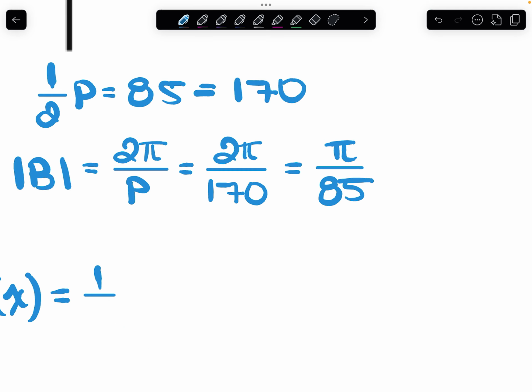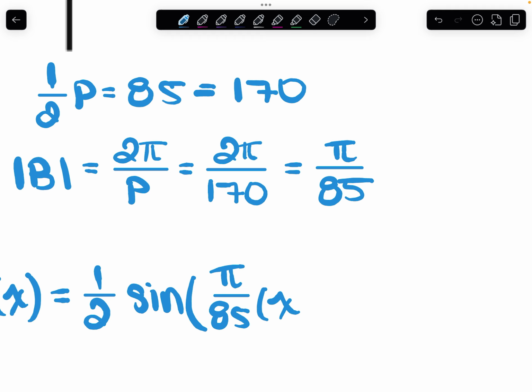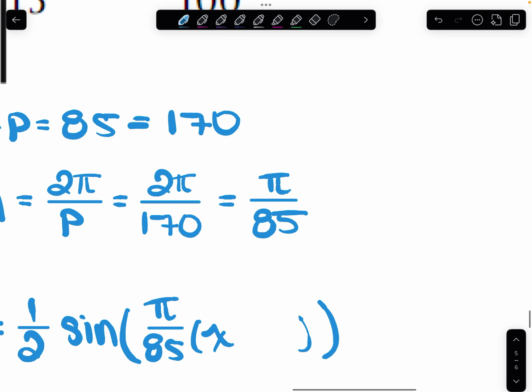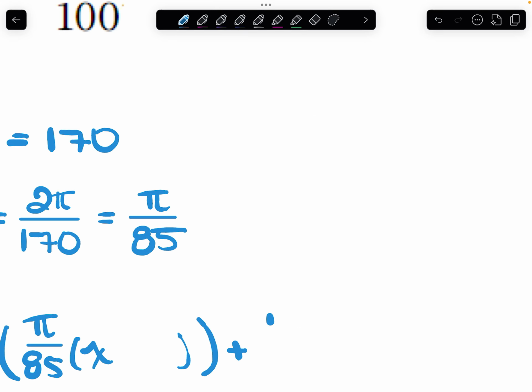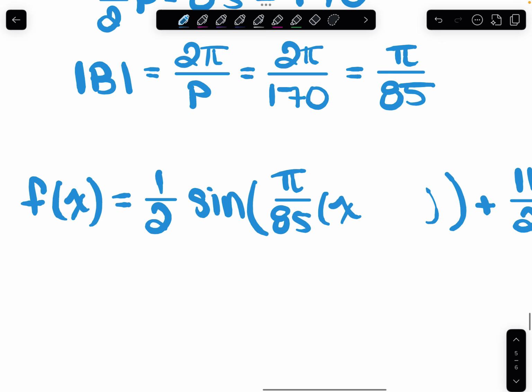Fractions, decimals, it's up to you. I think I put sine first last time. Leave some space. D, 5.5, which is 11 over 2. Or 5.5, it doesn't matter.